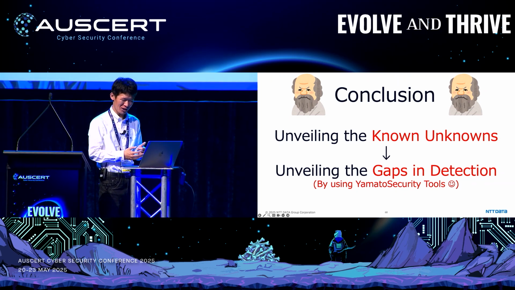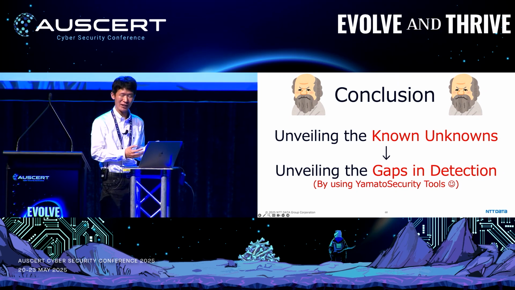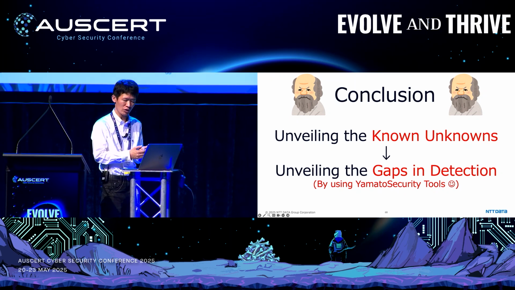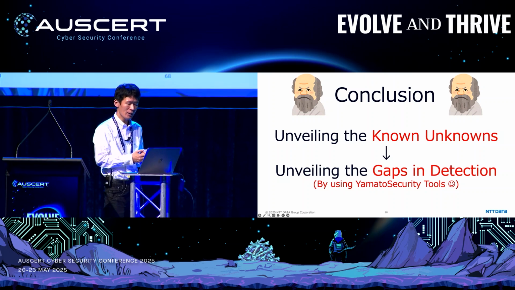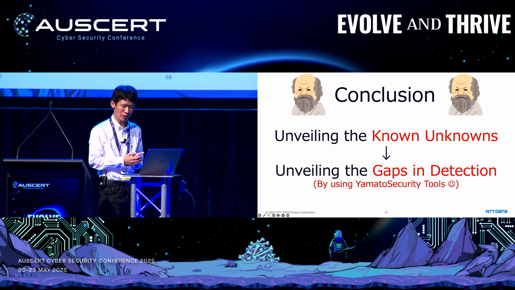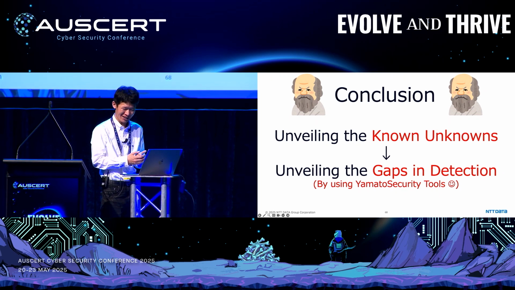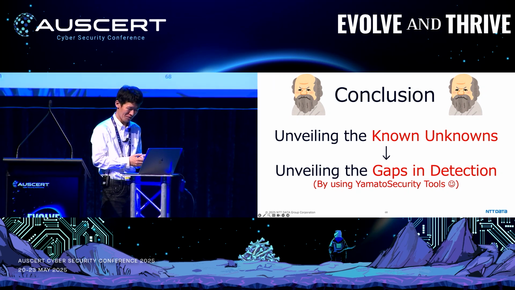It's important to keep in mind that there are detection gaps, there are unknowns caused by these default Windows event log settings. It is equally important to reduce the unknowns as much as possible by improving Windows event log configuration to better prepare for future incidents. I'd be glad if you could take away both the key point and the slightly confusing title from this presentation.